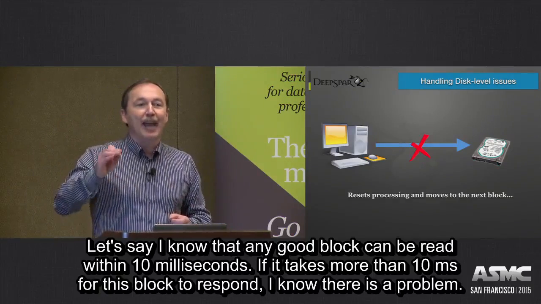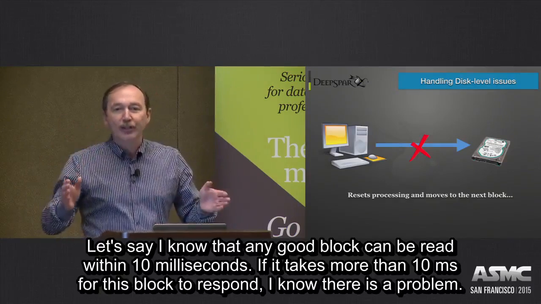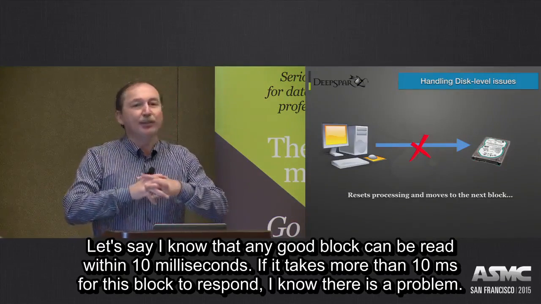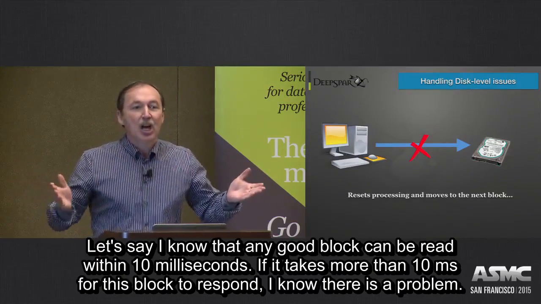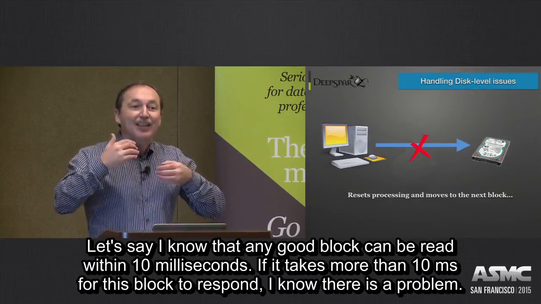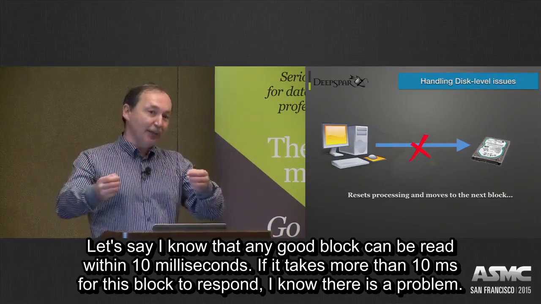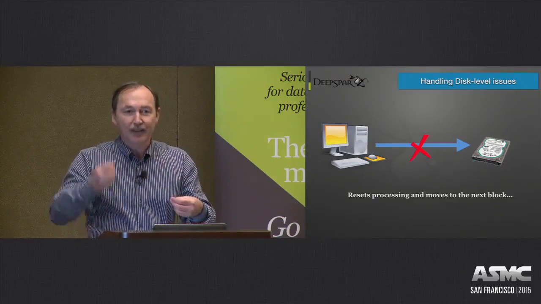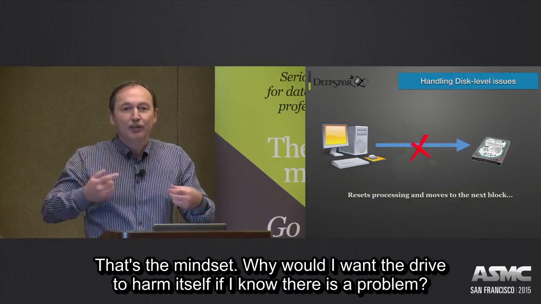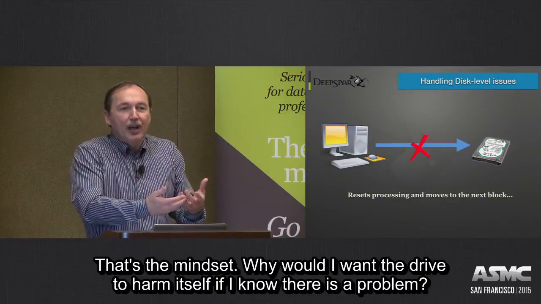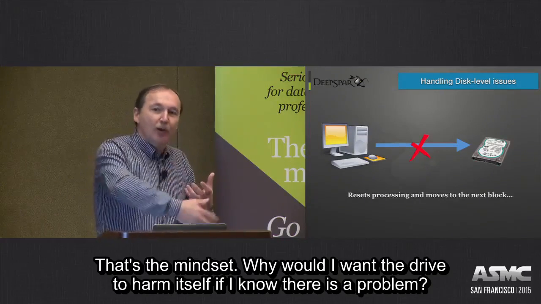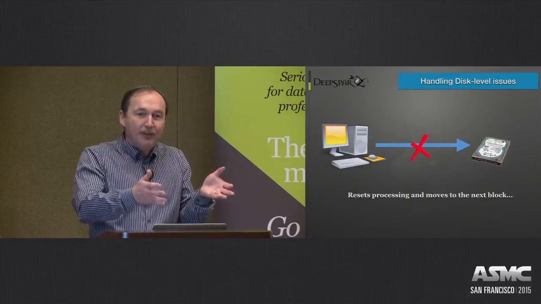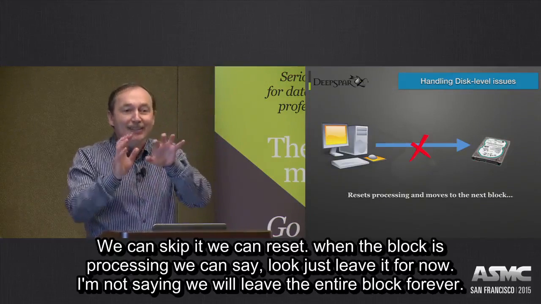Let's say I know that any good block is read within, I don't know, maximum 10 milliseconds, for instance. And if it takes more than 10 milliseconds for the drive to respond, I know there is a problem with this block. That's the mindset, right? So why would I want the drive to harm itself if I know there is a problem with this block? So we can skip it.